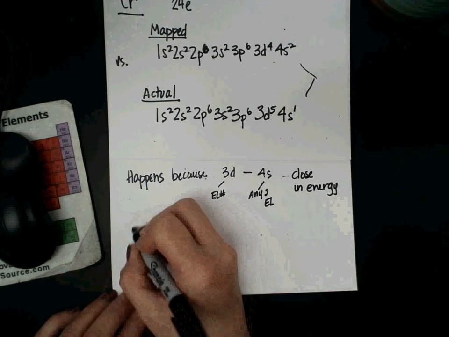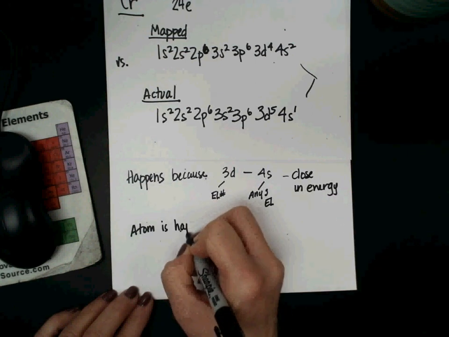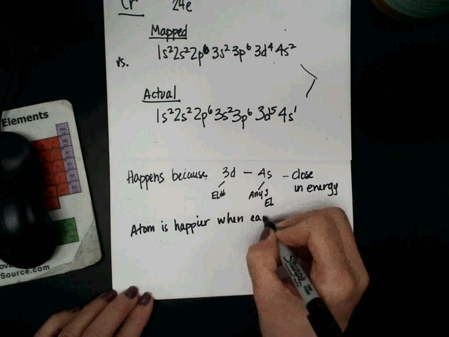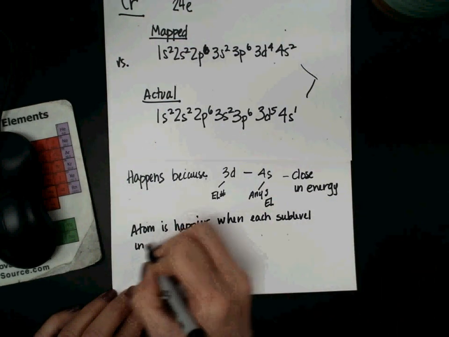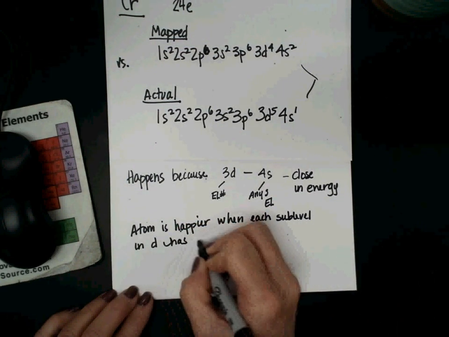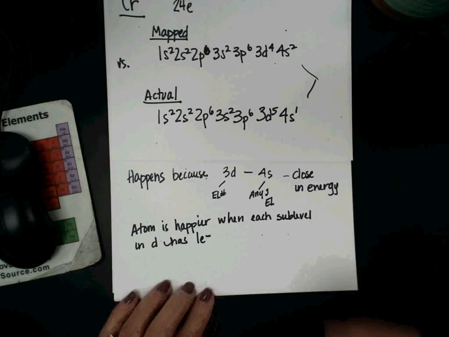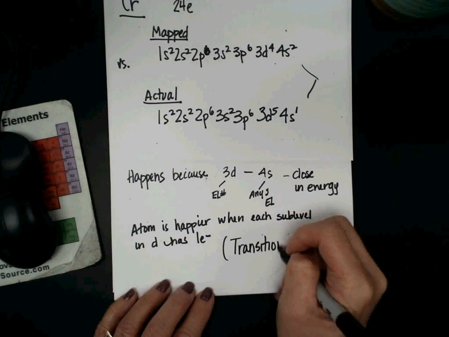And so what happens is the atom, I'm just going to say, is happier when each sublevel in d has one electron, rather than having that one empty sublevel. So that d gets the electron, and then the 4s only gets the one leftover one. We see this mostly in the transitions, and we'll talk about where.